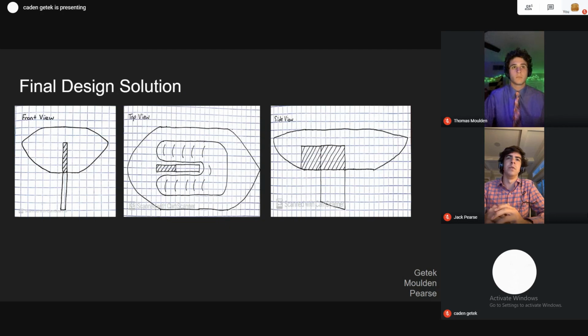Here we see the front view of the centerboard, as if you were looking straight at the boat. In the top view, you can see where the centerboard would be located compared to the kayaker's feet and legs, and the side view shows where it would be when it's retracted all the way up, and also when it's all the way down in the water.